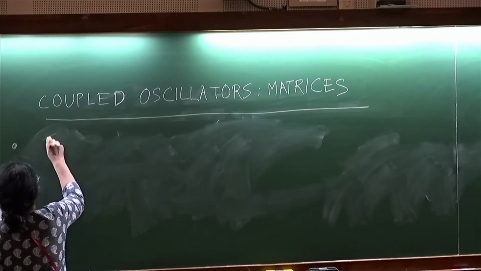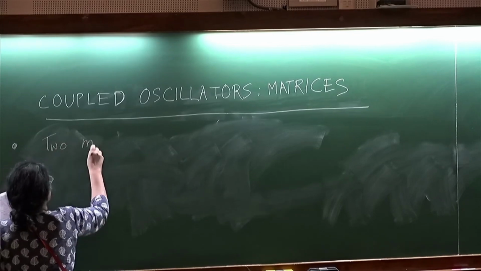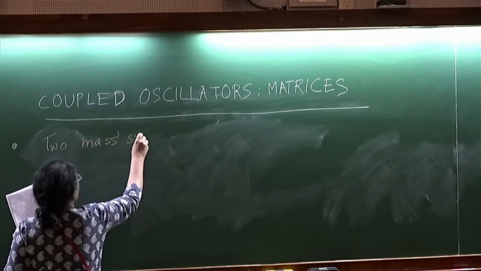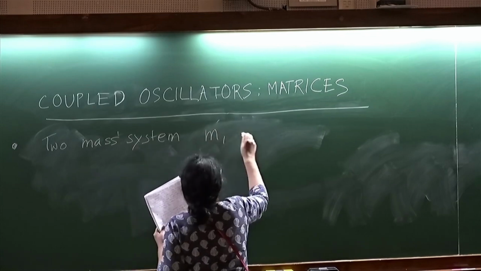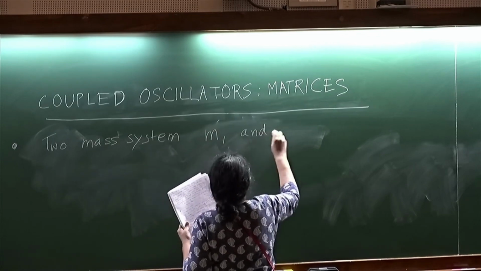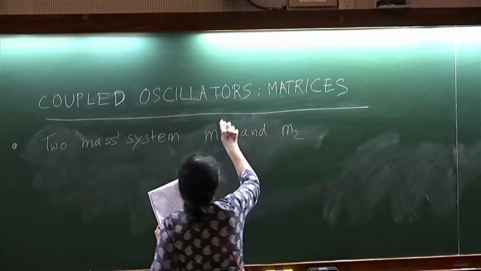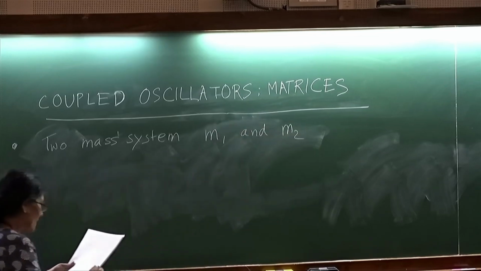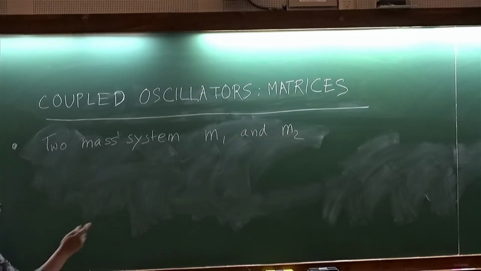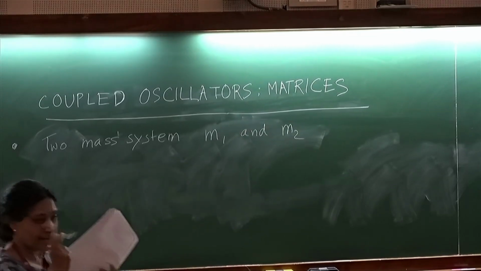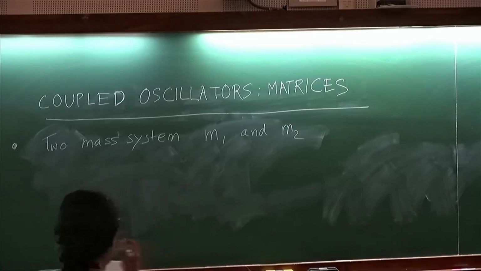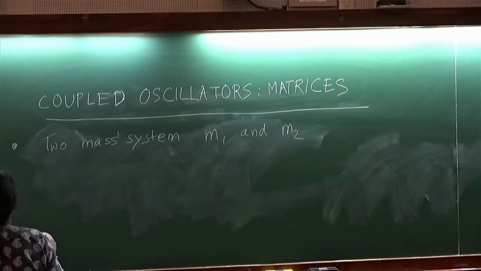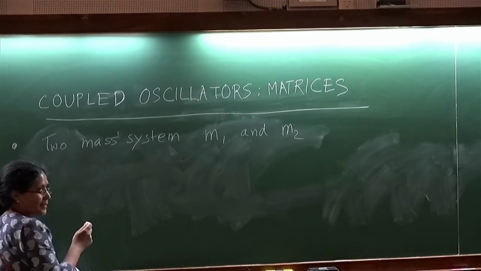So we consider again a two-mass system. The only difference is, let's consider M1 and M2 to be different, M1 and M2 instead of M1 equal to M2 equals M. Okay? And there we tried out a cosine solution, and you can check that it works. It's actually more convenient to introduce exponential notations.